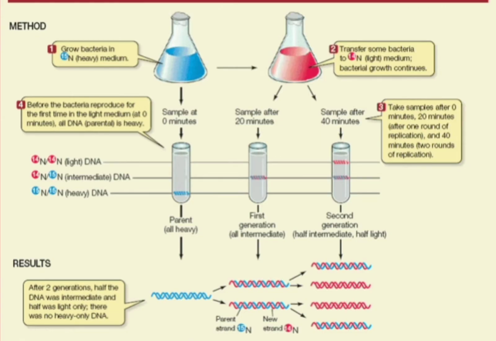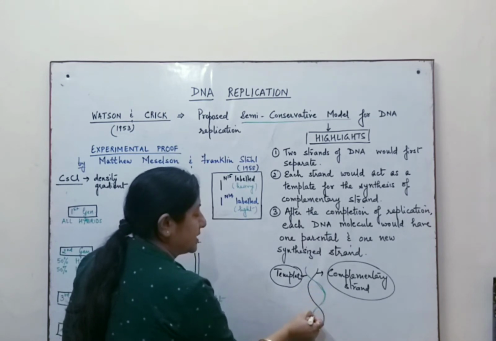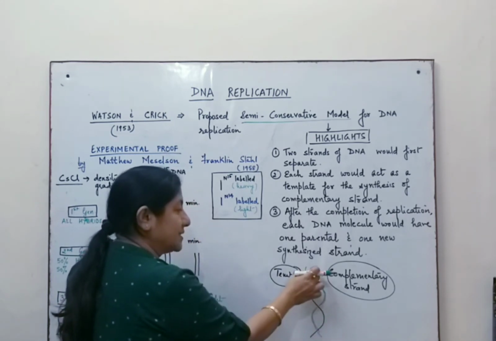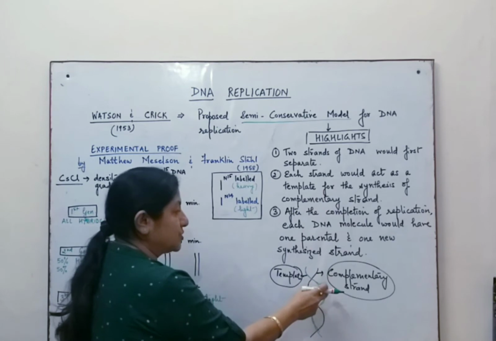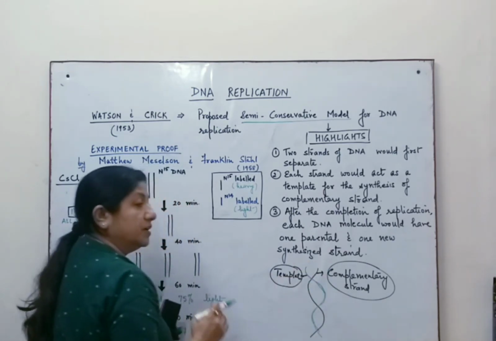They came up with an experiment to prove that DNA replication happens semi-conservatively. And why are we calling it semi-conservative? We are calling it a semi-conservative mode of replication because one of the parental strands remains intact and the complementary strand is formed on the basis of the template.